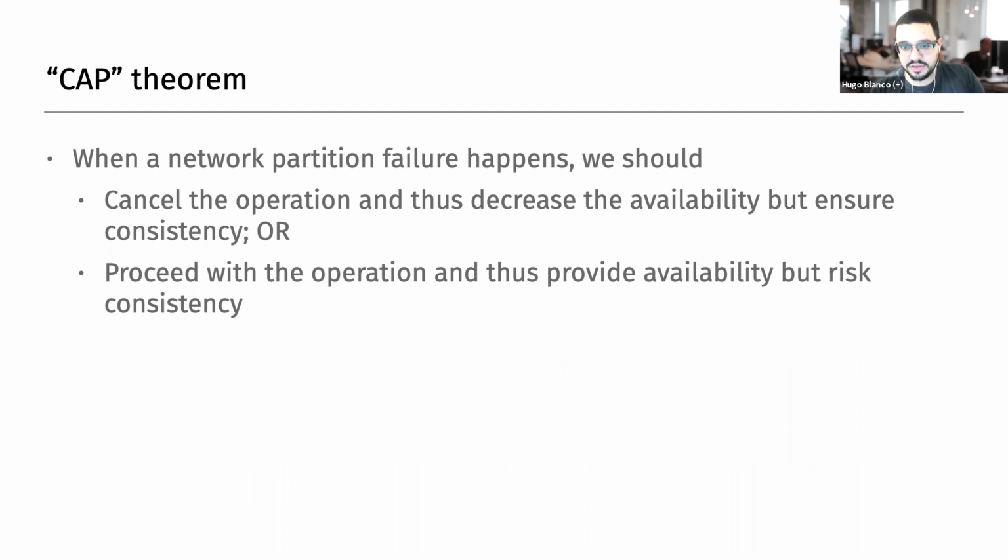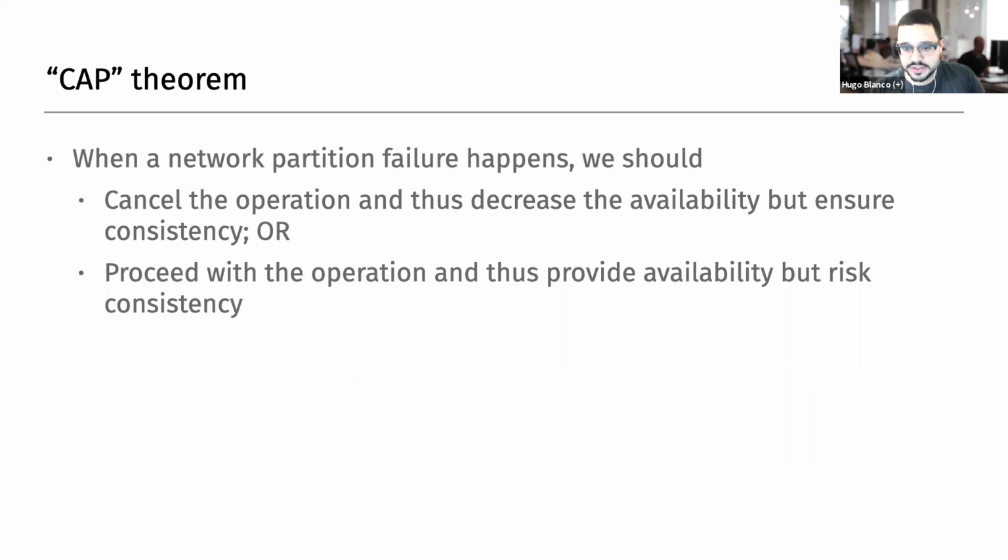If I cancel the operation, I'm not making the service available, right? Because I'm denying the request basically, but I'm ensuring consistency because I cannot write to that data store. So I won't see, for example, server C being the problem because server A and B don't have that data that was on server C.